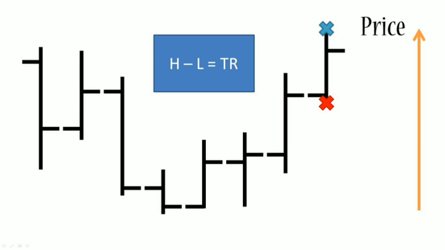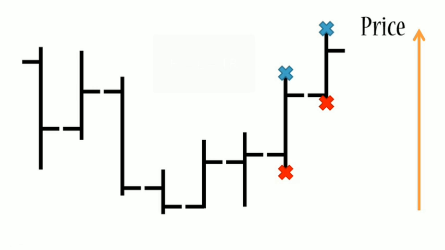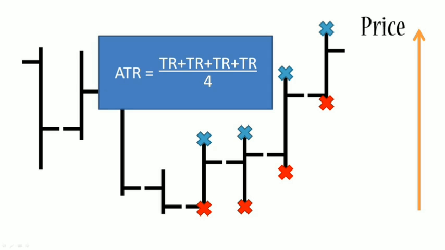Next, let's take the true range for the next bar, and then the true range for the bar after that, and then one more true range. What we're going to do with all of these four true ranges is take the average of them, and that will give us the average true range over the past four bars.